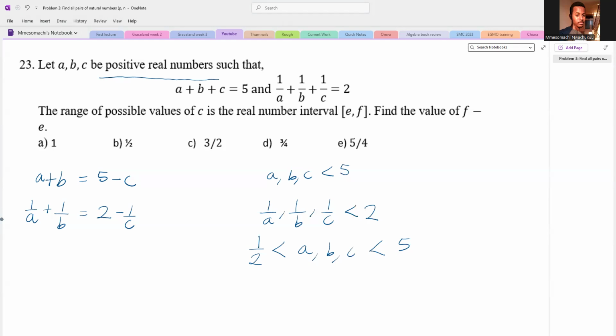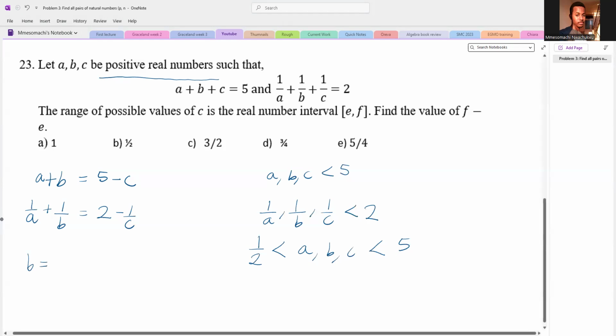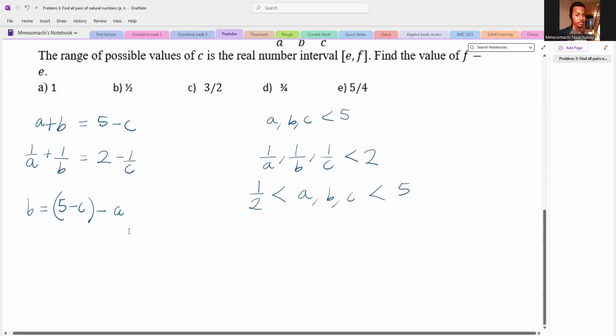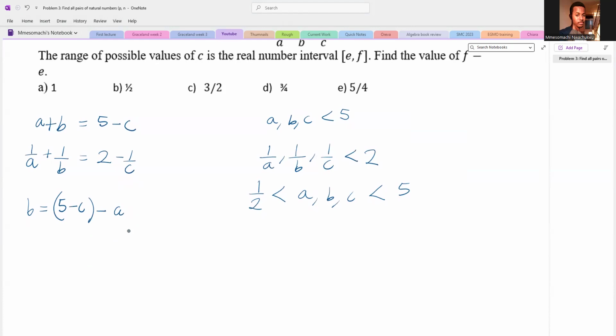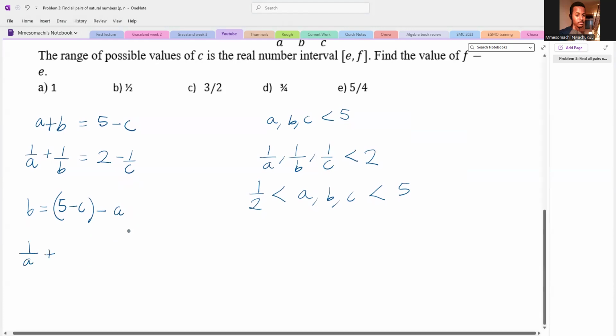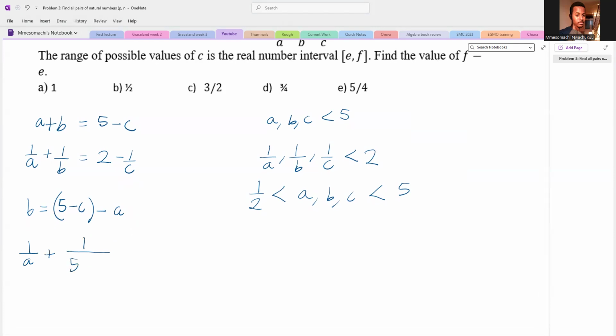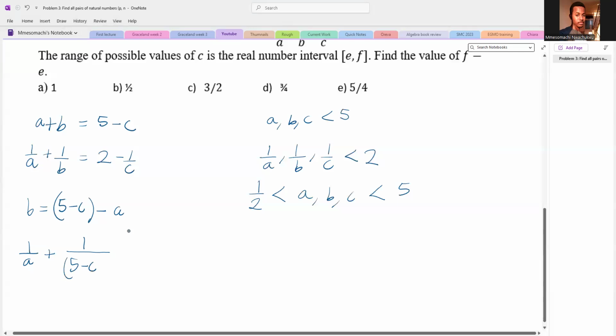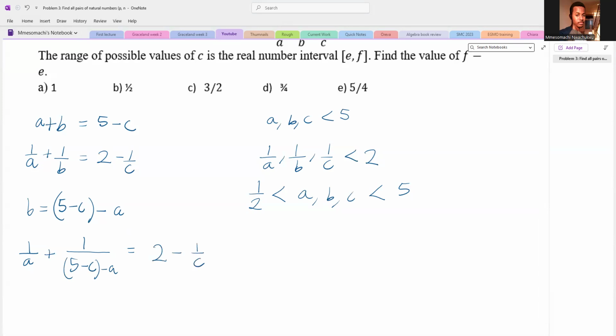The first thing we do is, B equals 5 minus C minus A. So that implies we have 1 over A plus, putting this in for B, 1 over 5 minus C minus A. Remember, I'm treating C like a constant. This is equal to 2 minus 1 over C.